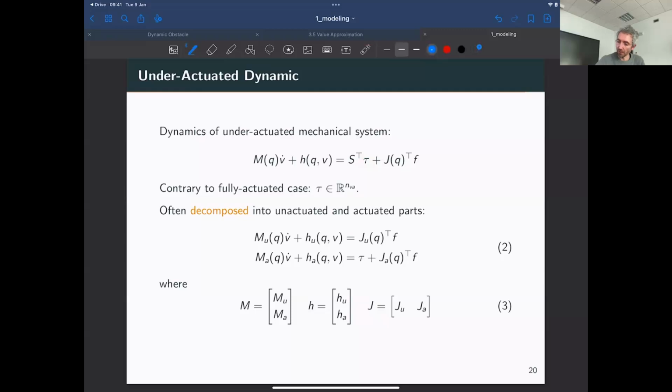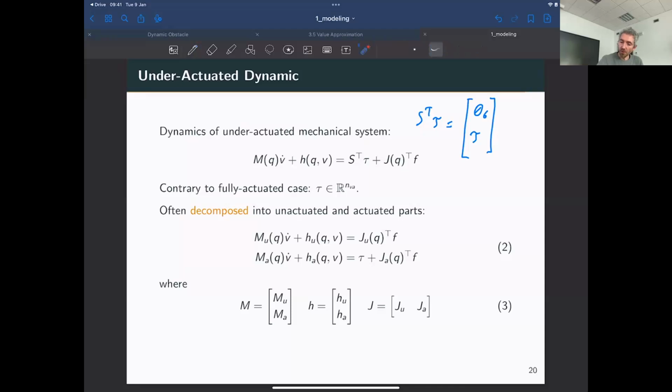So if we write S transpose tau more explicitly, what we get is a vector containing 6 zeros on the top and the vector tau in the bottom part.